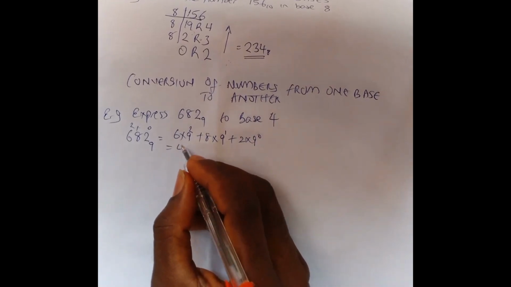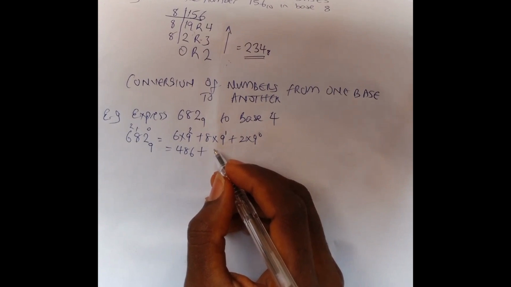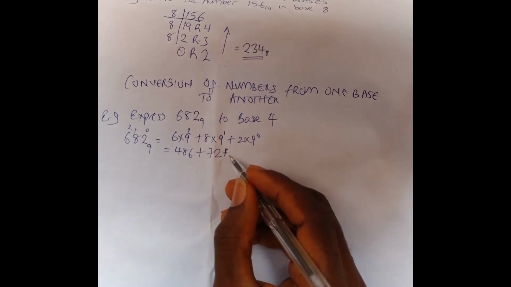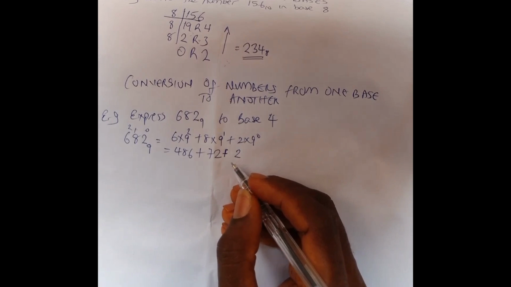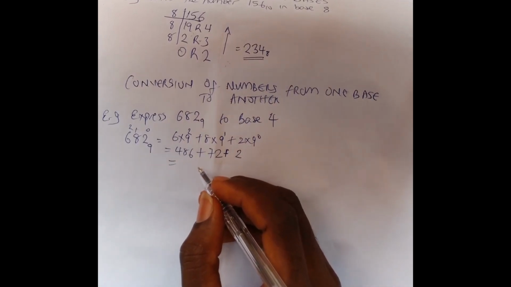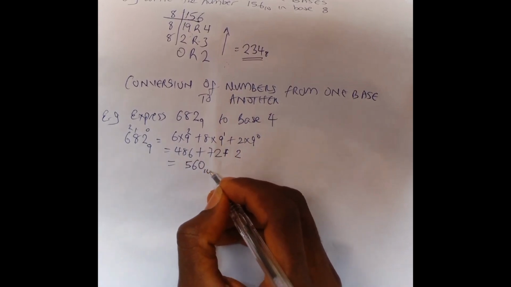And here we get 486 plus 72. 9 raised to 0 is 1. 1 times 2 is 2. So when you add them, we get 560 base 10.